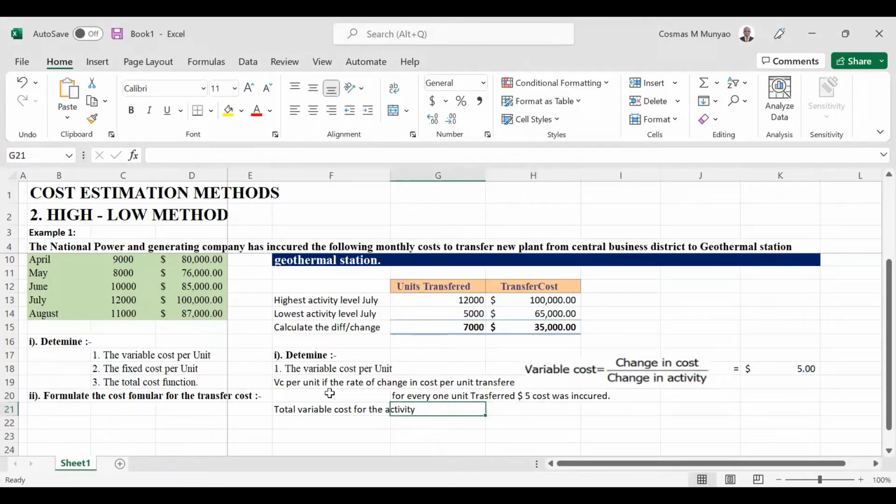No, it equals total variable cost for the activity.